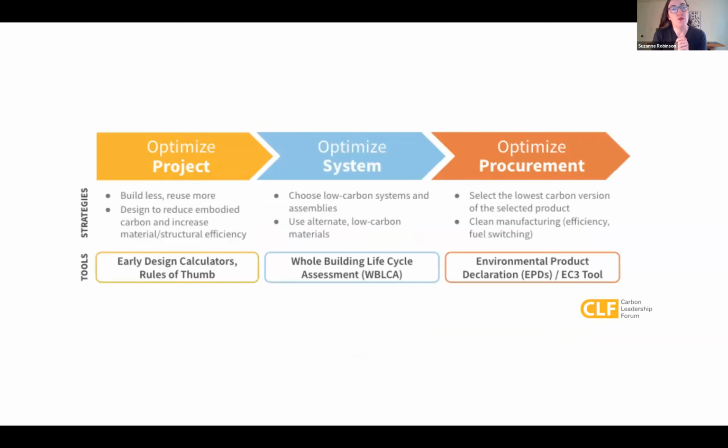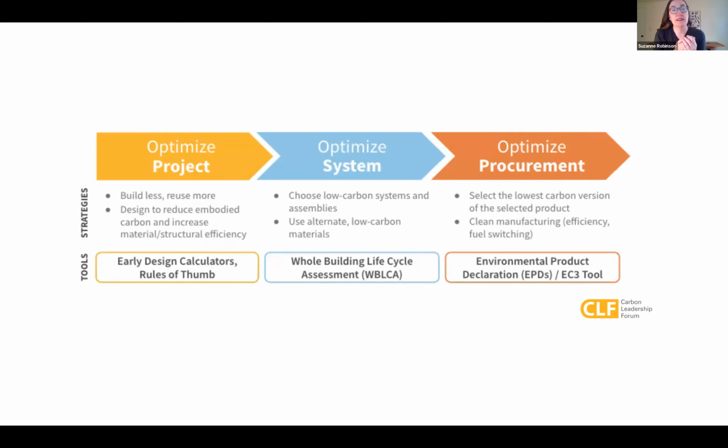So looking at how we approach projects, we really want to look at 3 different buckets here. So we want to optimize the project. The best possible thing to do actually is building less, reusing more, cutting out that whole extraction of raw materials and manufacturing and transportation on the upfront side.